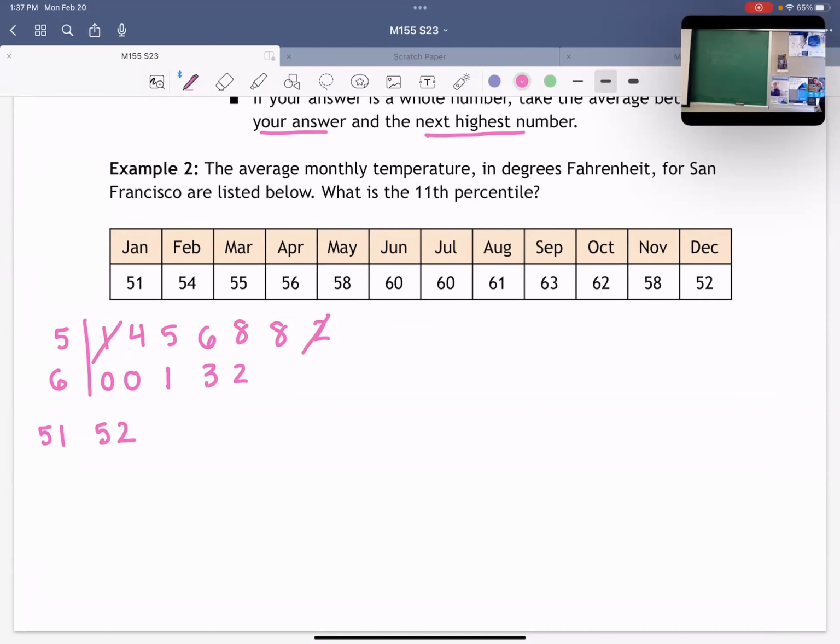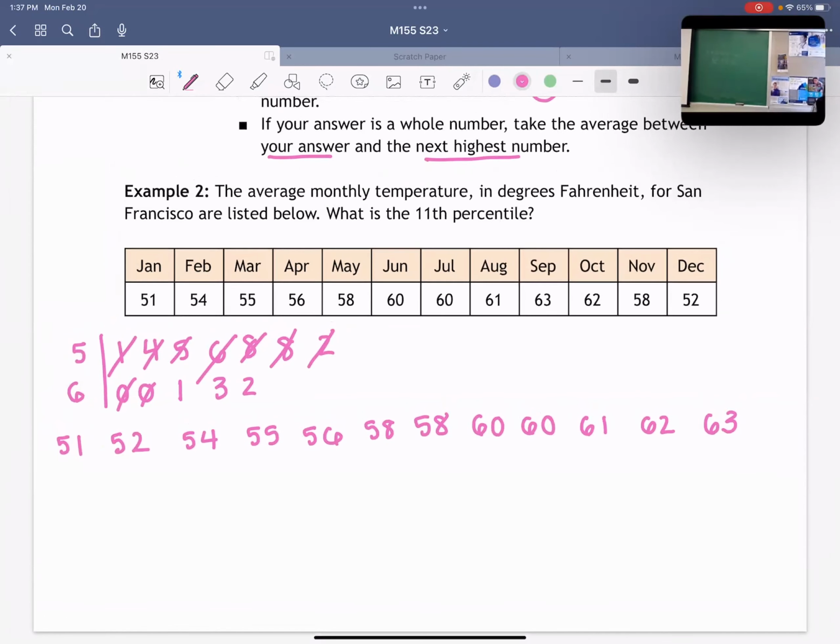We've got a 54, a 55, 56, two 58s. Moving on to the 60s, we have two 60s, a 61, a 62, and a 63. Okay, so all I did is I went through the numbers and I wrote them in increasing order.